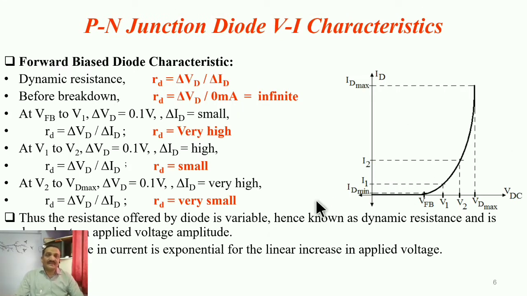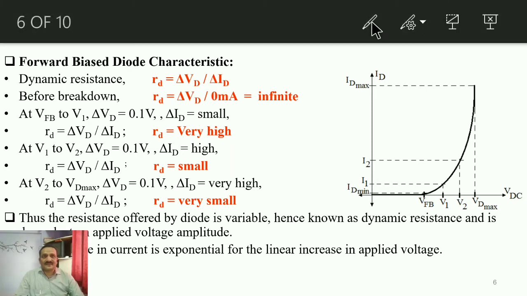Now the important term, the VI characteristic of a PN junction. It is very important whenever you are studying semiconductors or semiconductor devices. When the diode is in forward bias condition, the applied voltage is positive to P and negative to N. How will it act with the change in voltage?